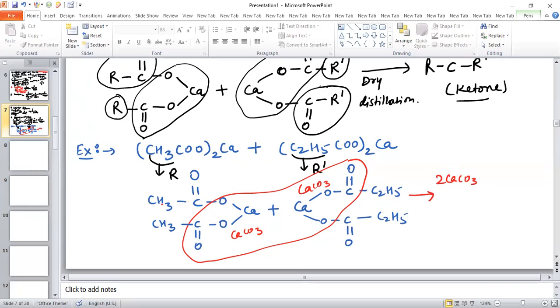So the product obtained is CH3COC2H5. If it is R, it is R dash. So we know the product is RC double bond O R dash, where R is the CH3 group and R dash group is C2H5. So this product is obtained after dry distillation.